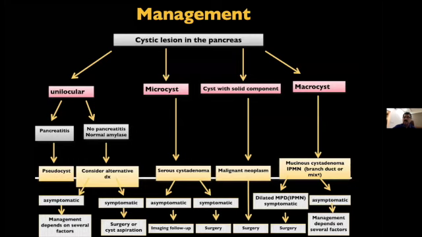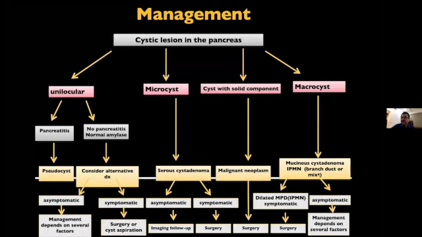If there is a cyst with a solid component, exclude the possibility of a malignant neoplasm. If it is a malignant tumor, do resection. If it is a SPEN, do resection. If it is a neuroendocrine tumor, do resection. So cyst with solid component, there is only one treatment, resection. If there is a macrocyst, exclude oligocystic or macrocystic serous cystic neoplasm.